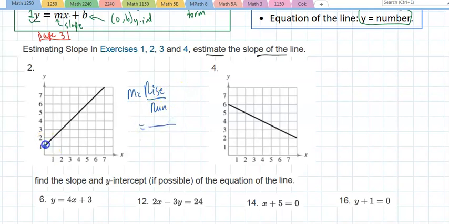This seems to be a point, and this is a point right there. Any other point will do. Don't you rise 1 unit up? Since you're going up, it's positive and it's 1 unit. And don't you run 1 unit to the right? Since you're running to the right, it's 1 unit. So the slope in this case is 1 over 1, which is 1.